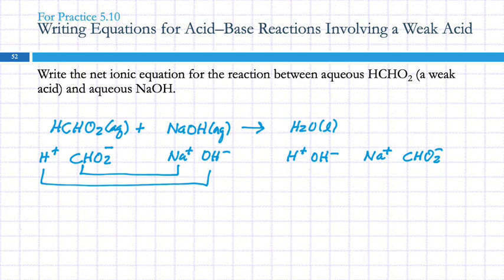Acid-base reactions in Chem 1A, you're always going to get water. And then here, even though I'm not familiar with this ion, I can still write the formula because I've got a -1 charge and a +1 charge. I'm going to write them next to each other, NaCHO2. And we can predict whether that's a solid or it's aqueous. We look at the list of rules, and sodium compounds are always soluble, no exceptions. So we don't even need to know what the other guy is. That one's aqueous.